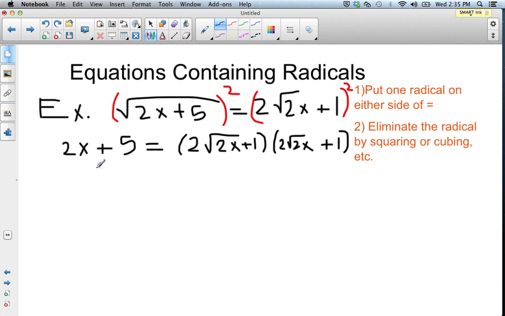Now the left side stays the same, there's nothing we can do there, but on the right side we need to double distribute. So I'm going to write 2x plus 5 equals, now here my first term I'm going to multiply into the second binomial. 2 times 2 is 4.